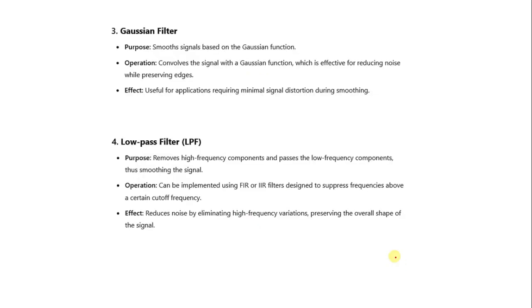So the Gaussian filter we already discussed. Then the low pass filter removes high frequency components and passes the low frequency components, thus smoothing the signal. In operation, it can be implemented using FIR or IIR filters designed to suppress frequencies above a certain cutoff frequency. The effect is that it reduces noise by eliminating high frequency variations, preserving the overall shape of the signal.